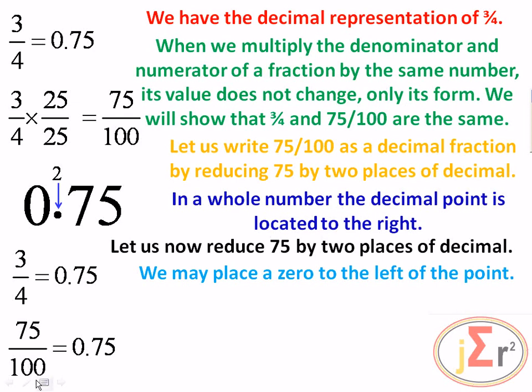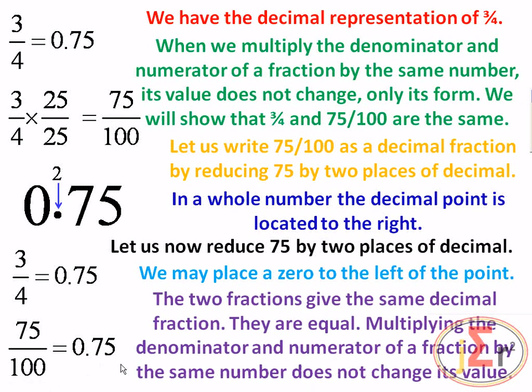But we see that by doing so, the value of the fraction did not change because both of them are still equal to 0.75. The two fractions give the same decimal fraction. They are equal. Multiplying the denominator and the numerator of a fraction by the same number does not change its value.